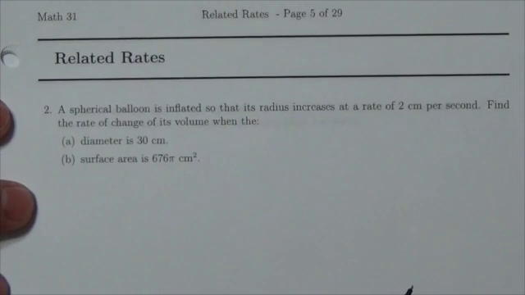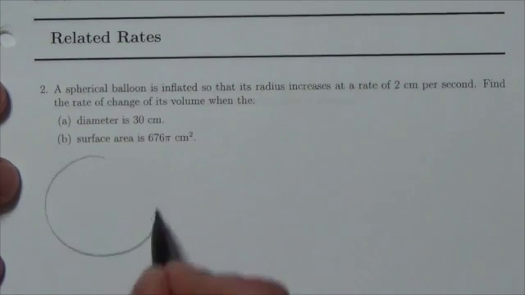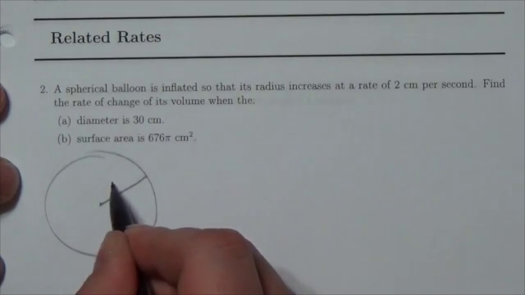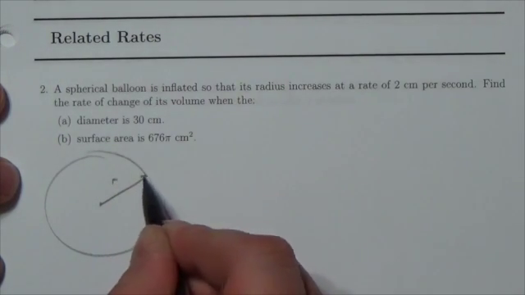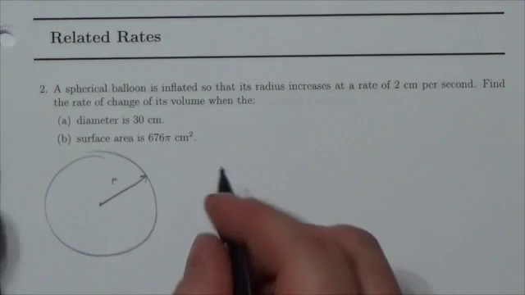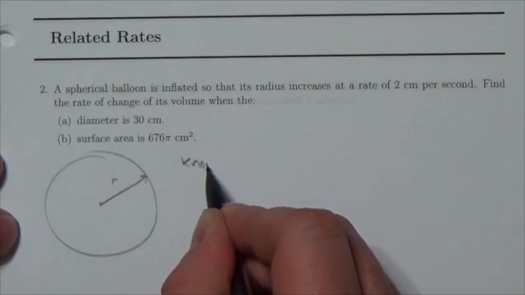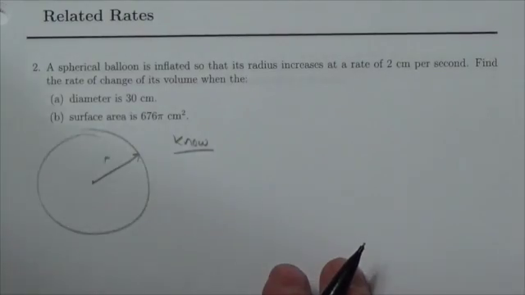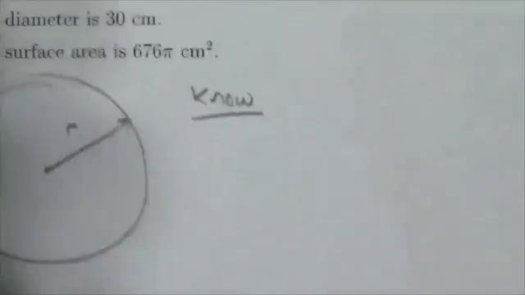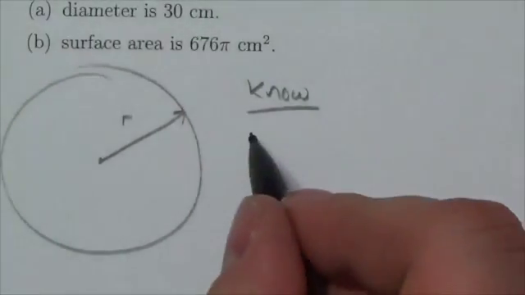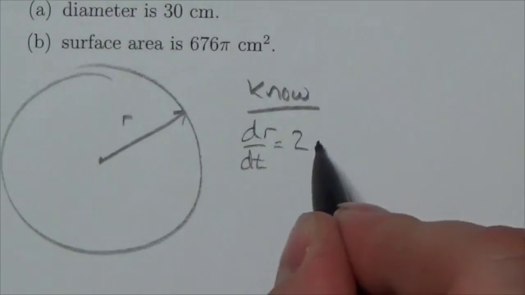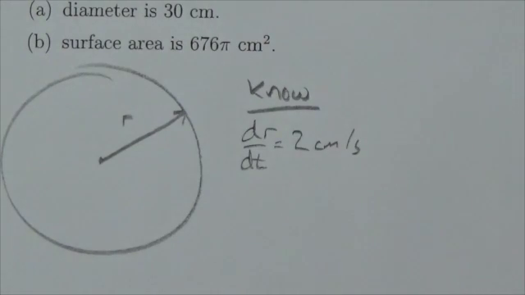First of all, let's figure out what's going on here. We're talking about a spherical balloon, so we're looking at a scenario that looks like a circle. What do we know? We know that the radius is increasing at 2 centimeters per second.